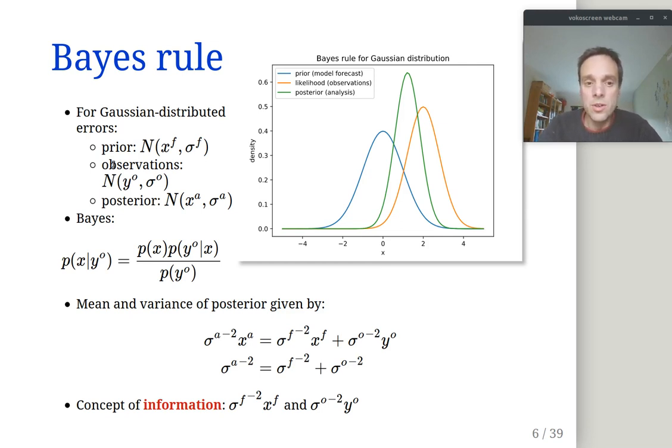If the model and the observation errors are distributed following a Gaussian probability density function, then we end up with these two equations, which tell us how to derive the mean and the error variance of the combined state, of the analyzed state.